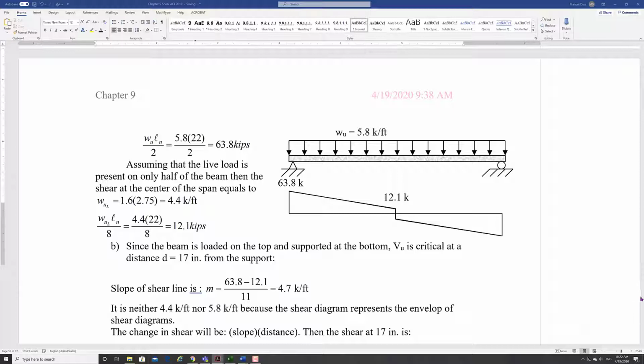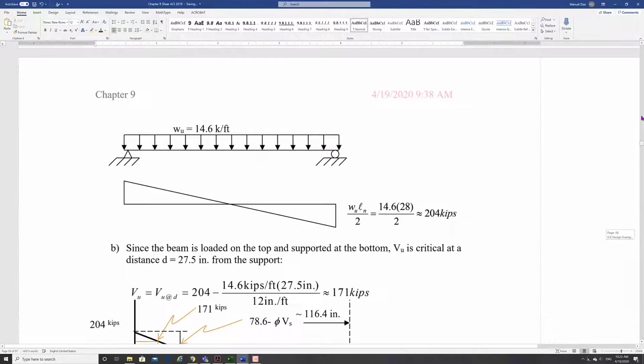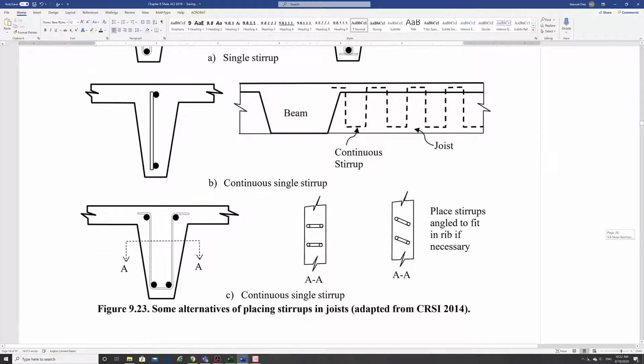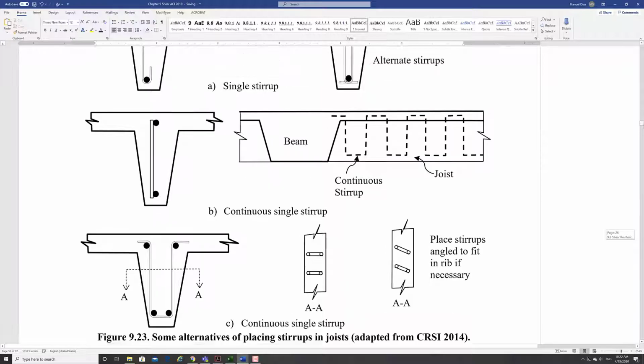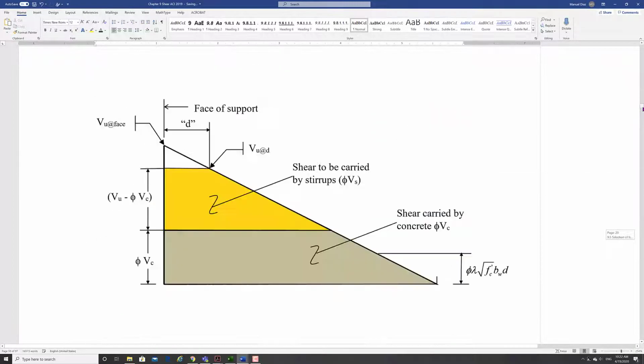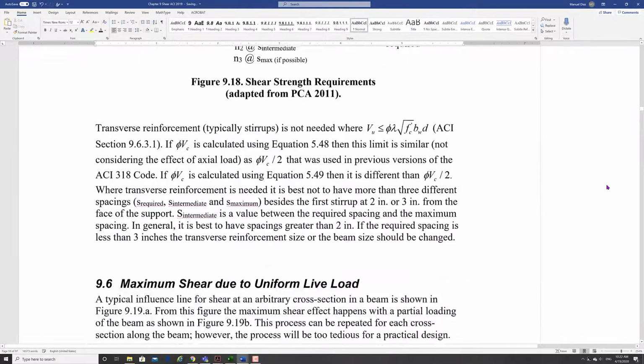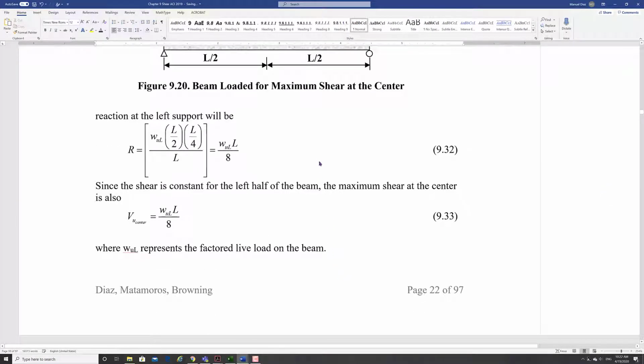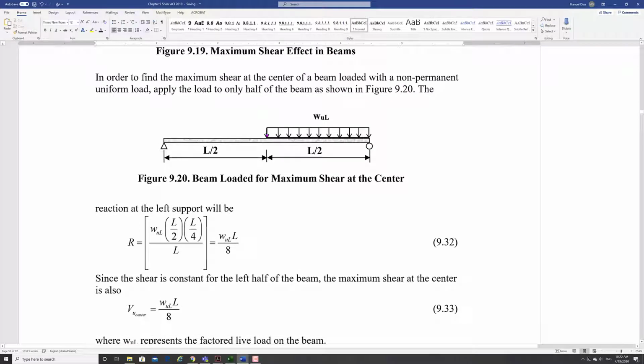We developed this, and let me go back to that. Wait a minute. I went past it already. Well, that's okay. Okay, here, right? So here we went through this, right? And we find out that the value that happens here, the maximum, is when you load this way, but you only load with the live load because your dead load is always uniform, right?